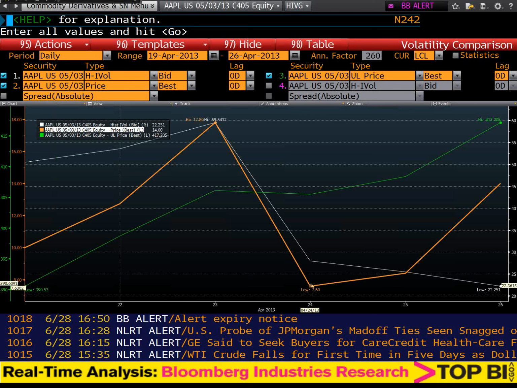You have massive event risk on the 23rd. All that event risk is sucked right out. Volatility drops on the 24th. Look at that, and you're toast. If you're long the puts or the calls, you are in a world of pain.